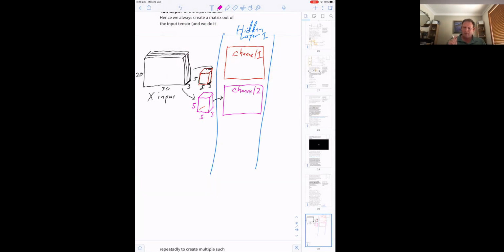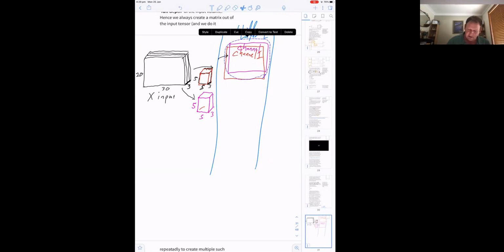Okay. But if you don't mind, I'm going to take channel 2 and put it just here above channel 1. I'm not going to draw it where I did. I'll place it here, because channel 2 is the second channel of channel 1.